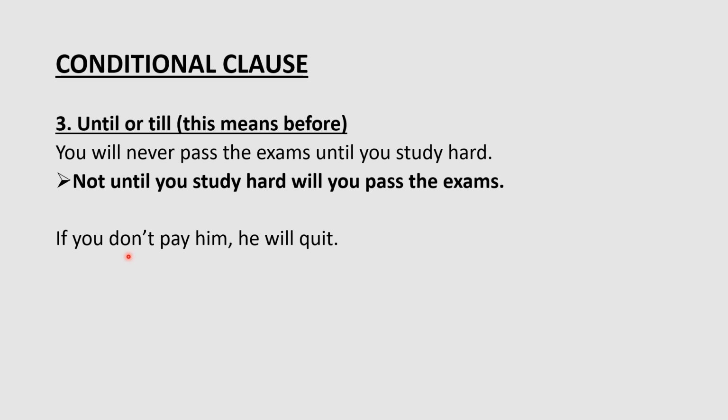Think about it. After you pay him, he will not quit. So if you want to use not until, it will be: not until you pay him will he quit. After the condition, the sentence has been continued with will. That's how to use it.